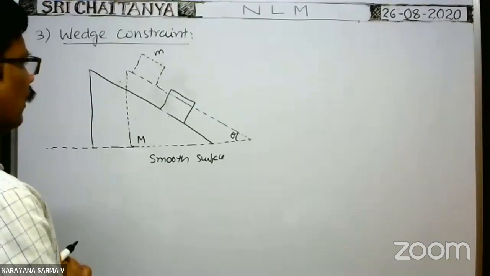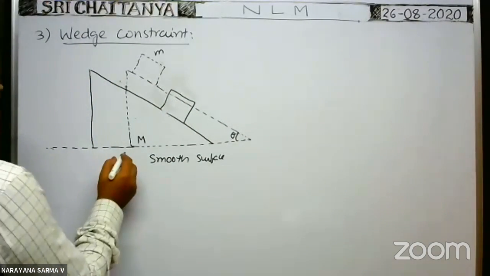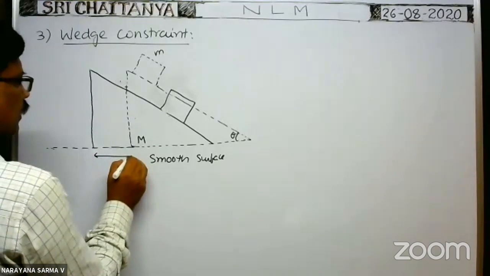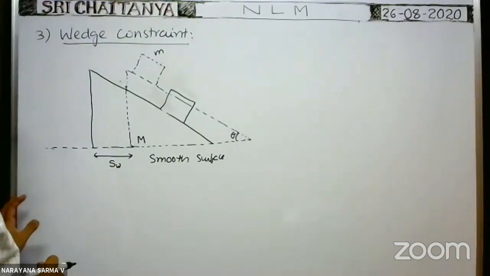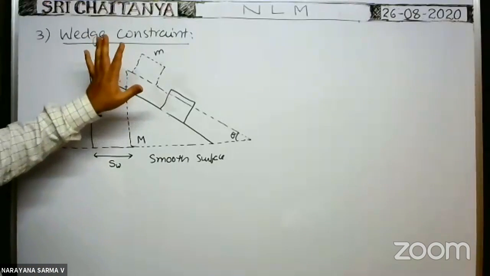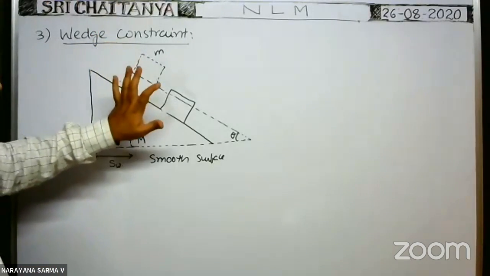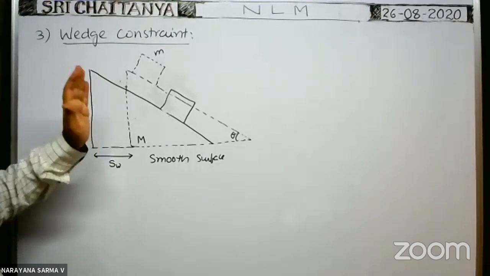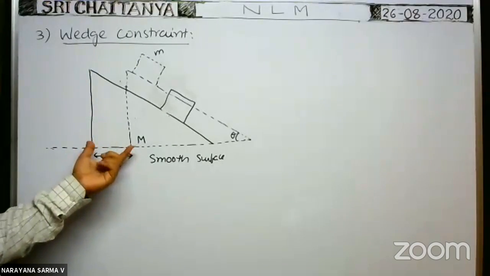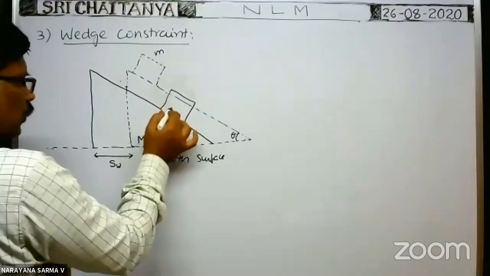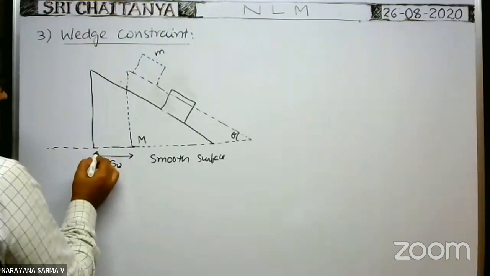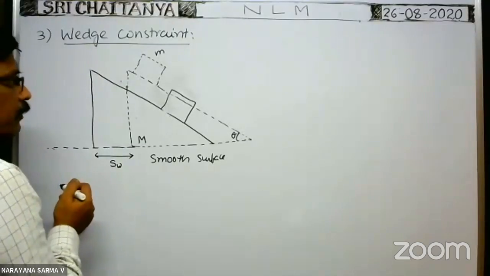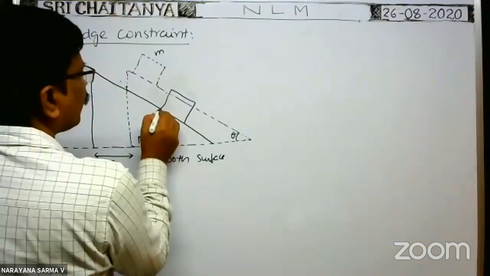Okay. Now, what is the distance traveled by the wedge? Suppose the distance traveled by the wedge is say SW, at the instant when the block comes from this position to this position. As the wedge displaces up to here, this is the distance traveled by the wedge towards the left.